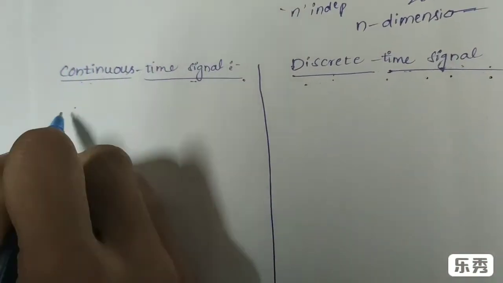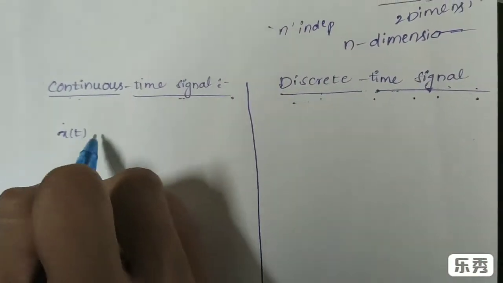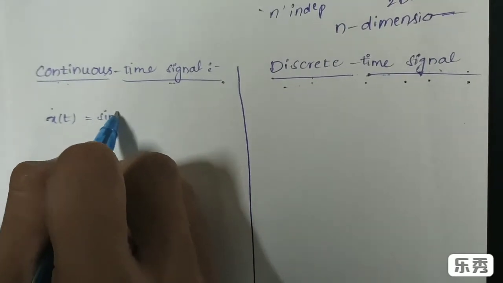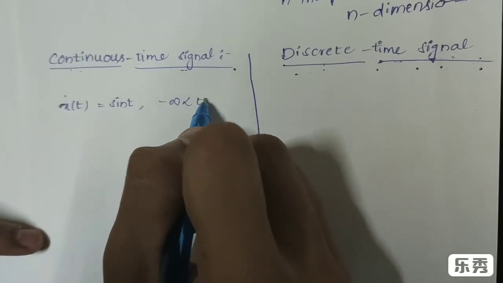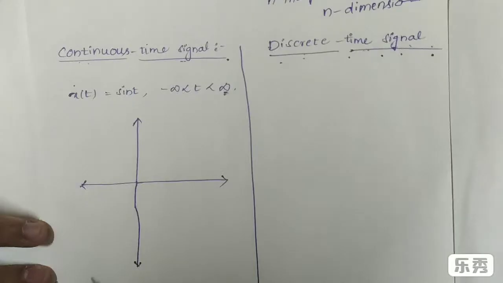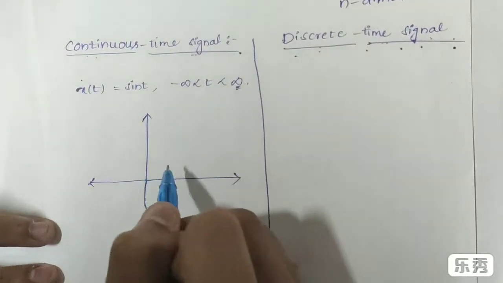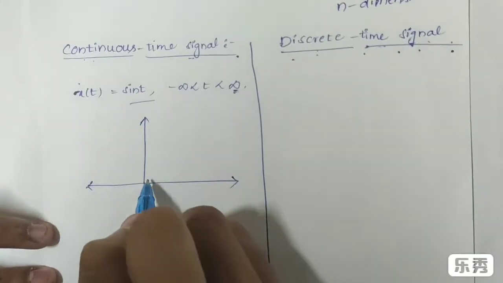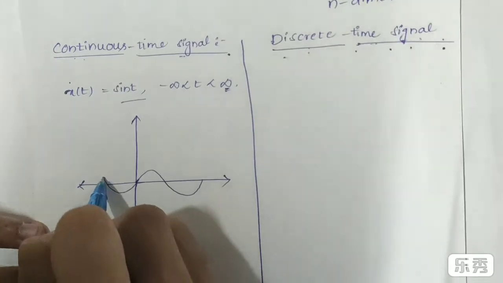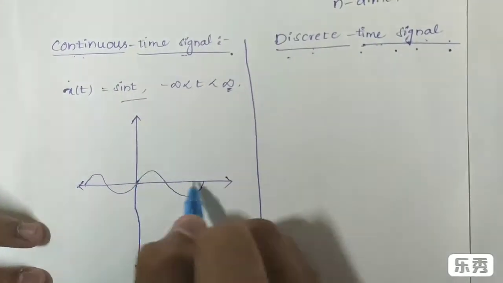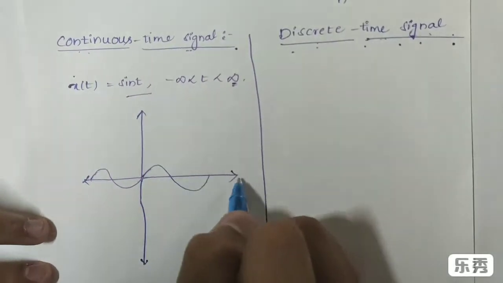For example, let's take x of t equals sin t for minus infinity less than t less than infinity. When we show this in a graph, it comes out to be this, that means it is defined for every instant of time.